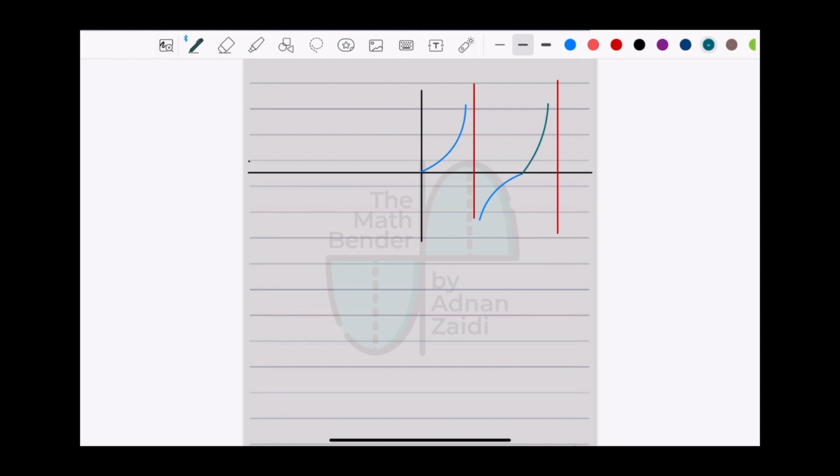This is a continued graph, but let me just try to fix it a bit.